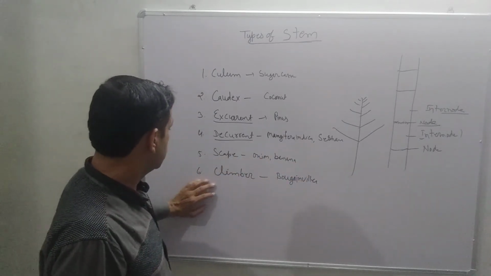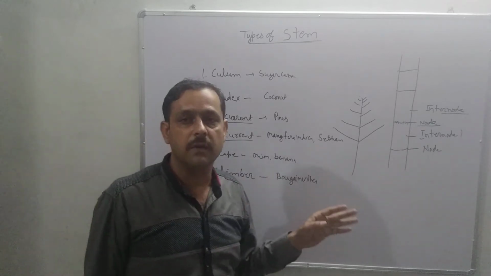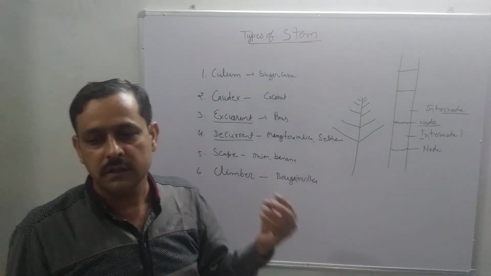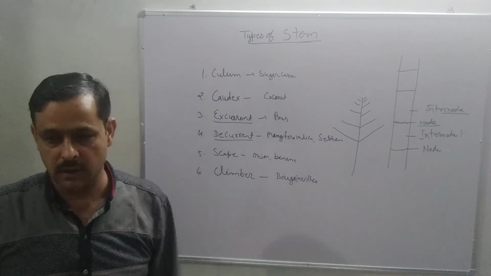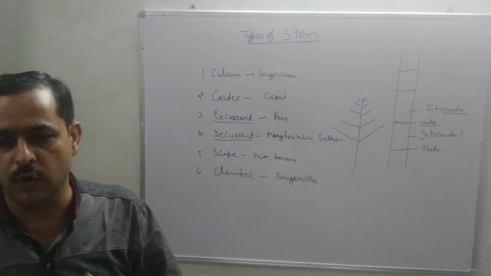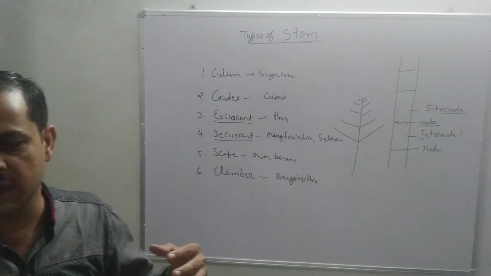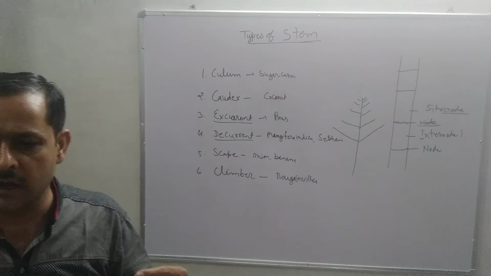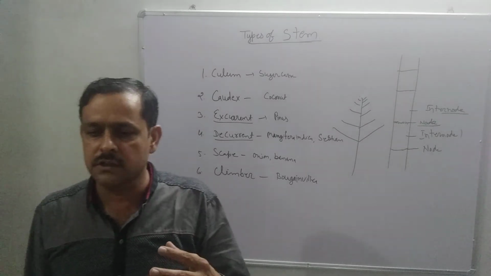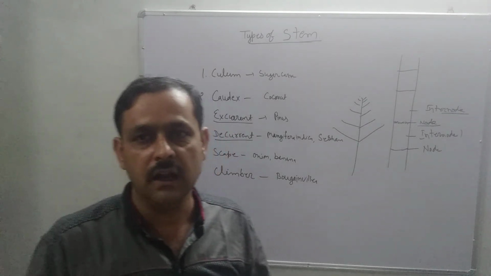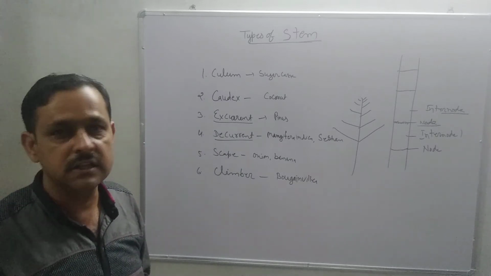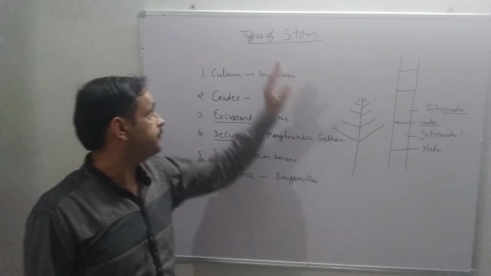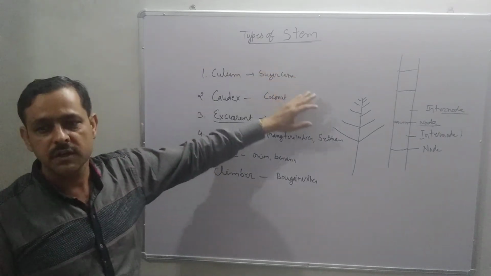Next, climber. Climber is the stem which cannot grow by itself. They need some base for climbing to the upper side. Such plants attach themselves to nearby objects by means of structures like tendrils. Example, bougainvillea. So these are the types of stem.